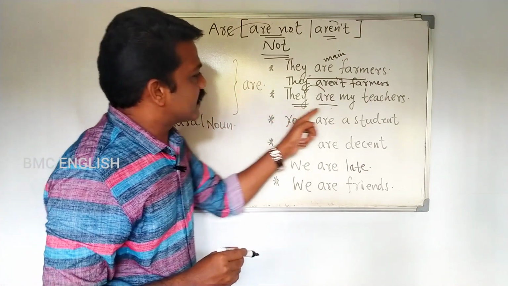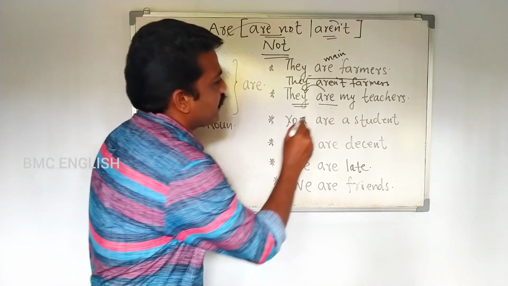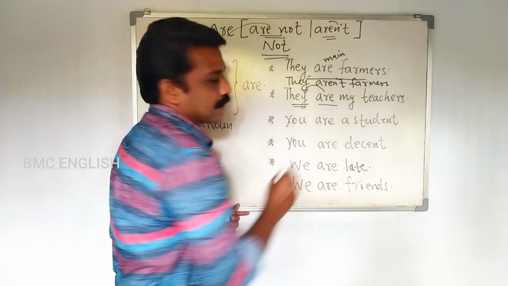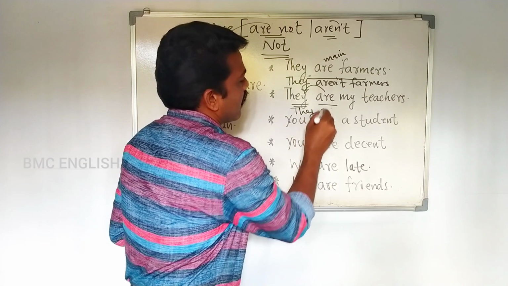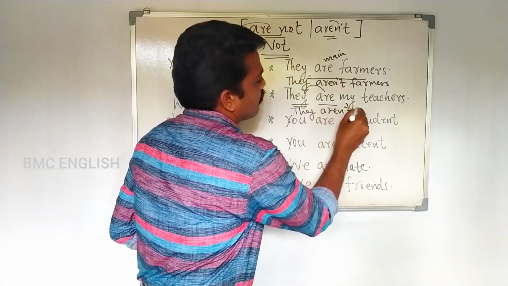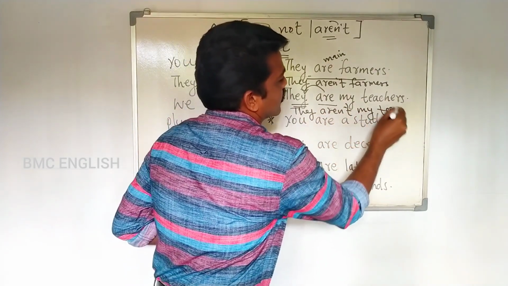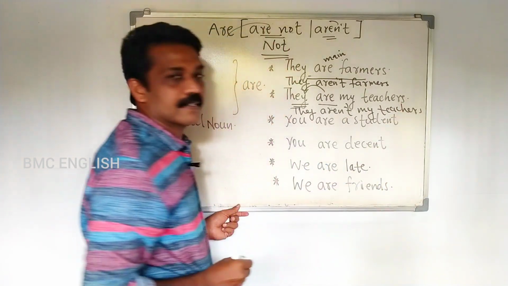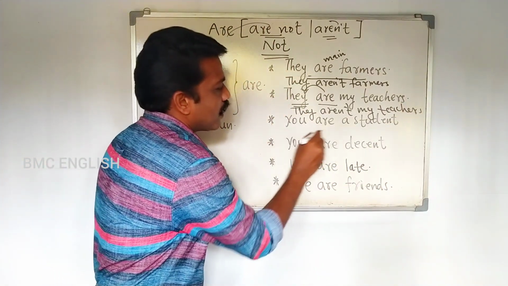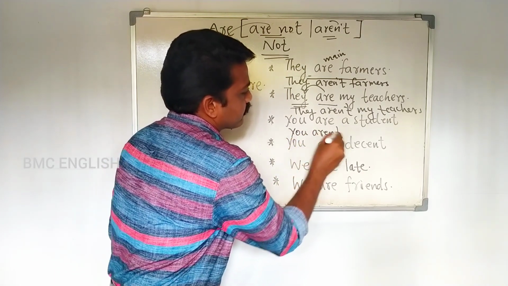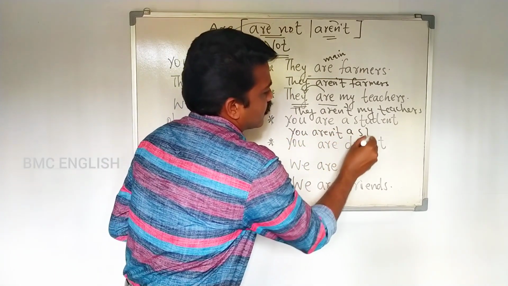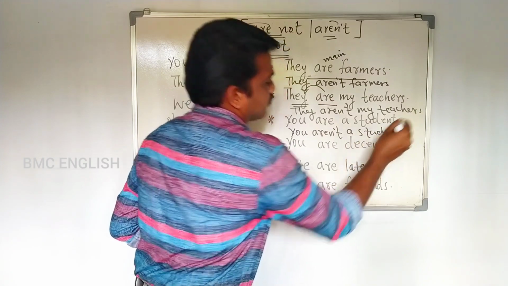Now, change this sentence into negative. They are my teachers. How do you change it into negative? Yes, they aren't my teachers. You are a student becomes you aren't a student.